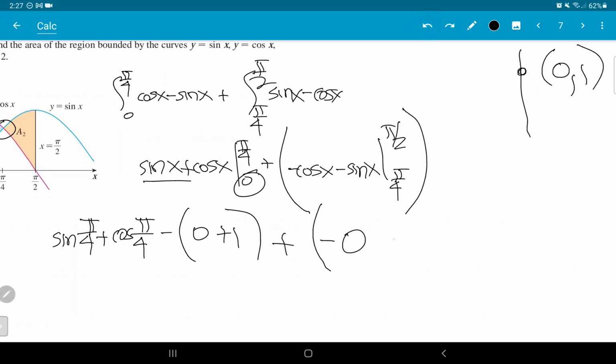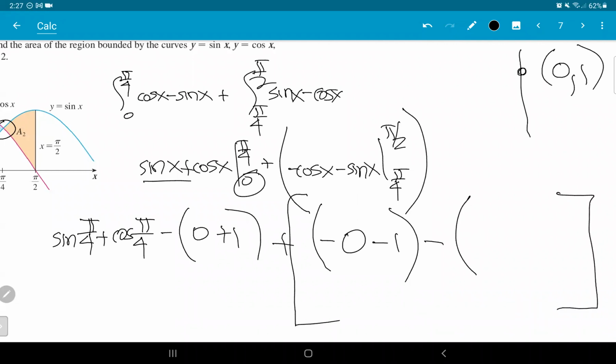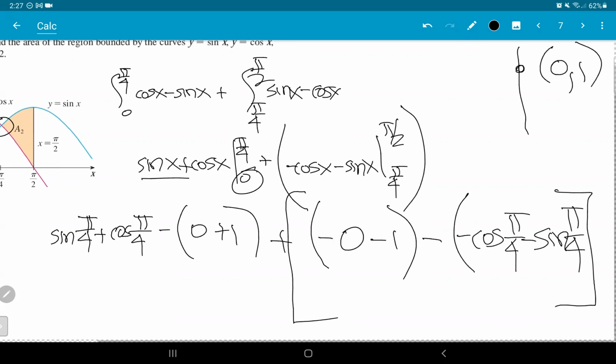Sine pi over 2 is 1. Then minus, of course, because it belongs here for the second part. Minus, plugging in pi over 4, we have negative cosine pi over 4 minus sine pi over 4.